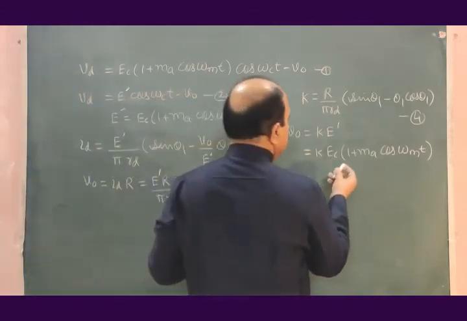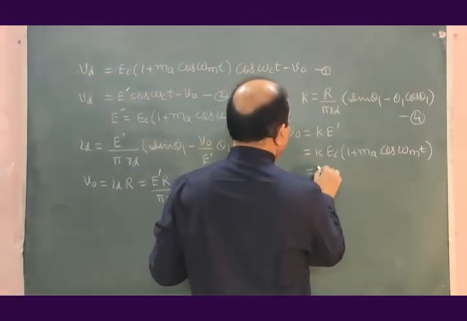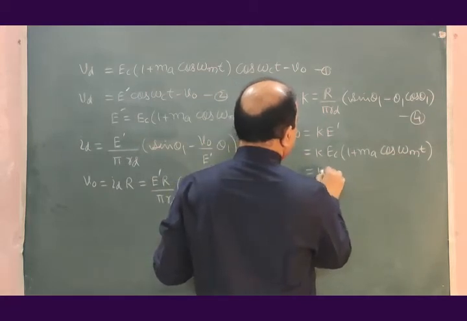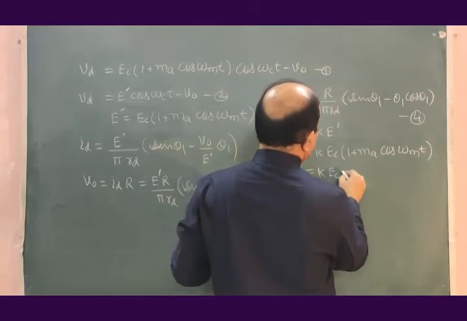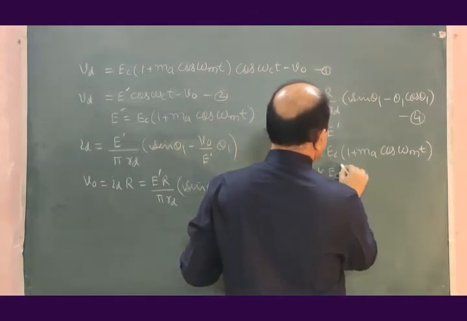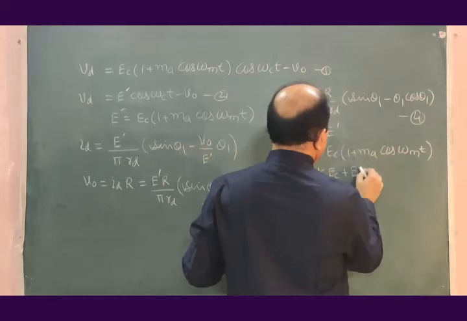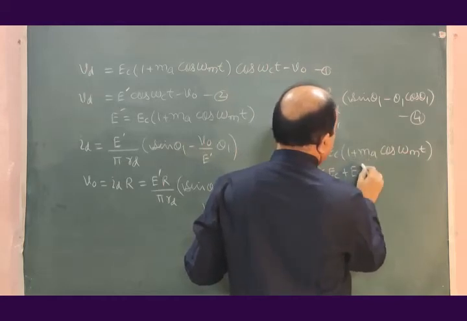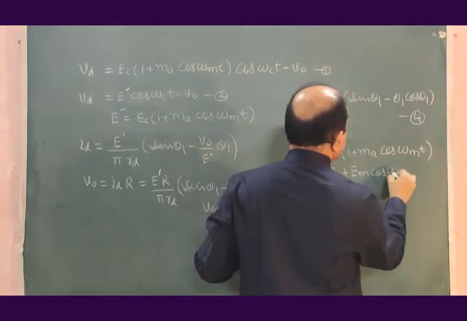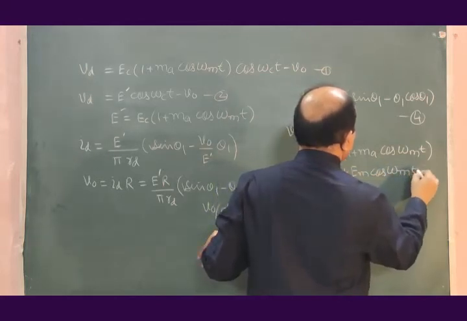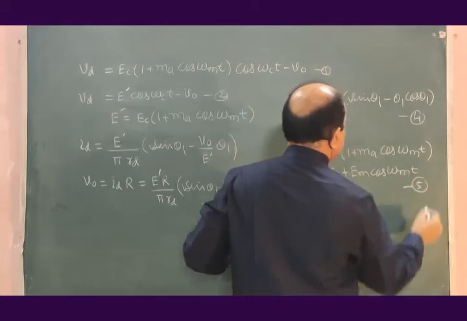And so this is for the K into EC plus EM cos omega MT, equation number 5.